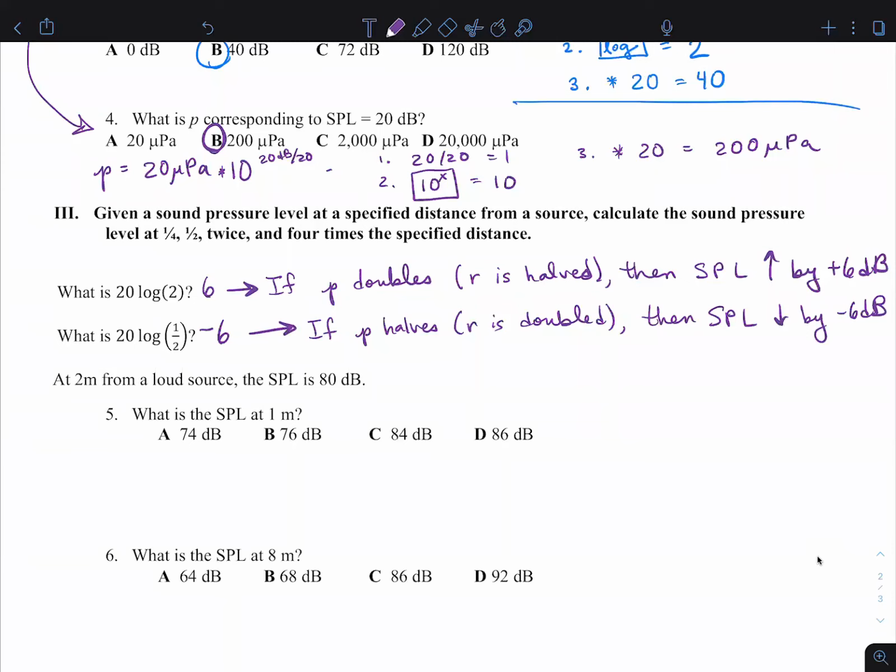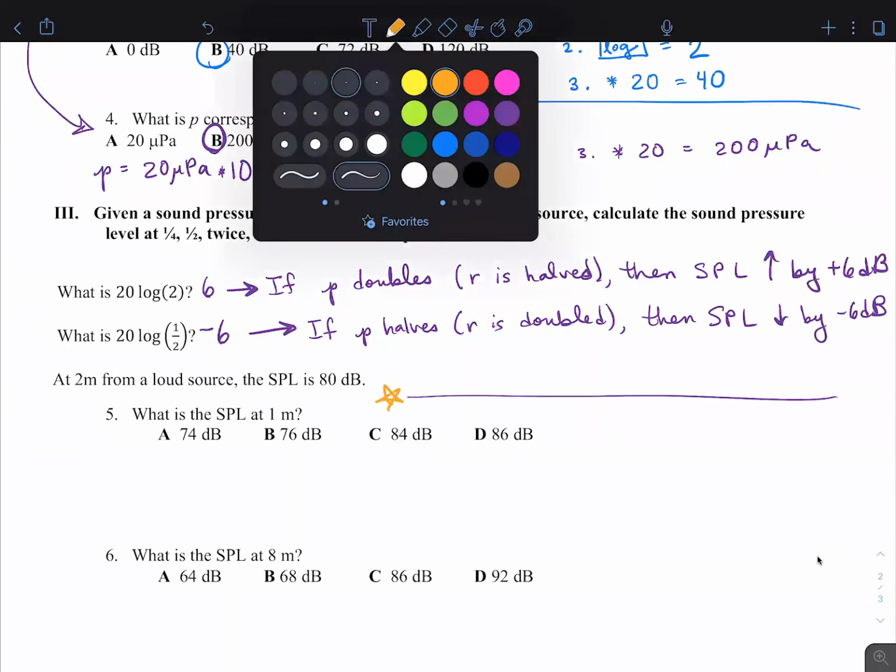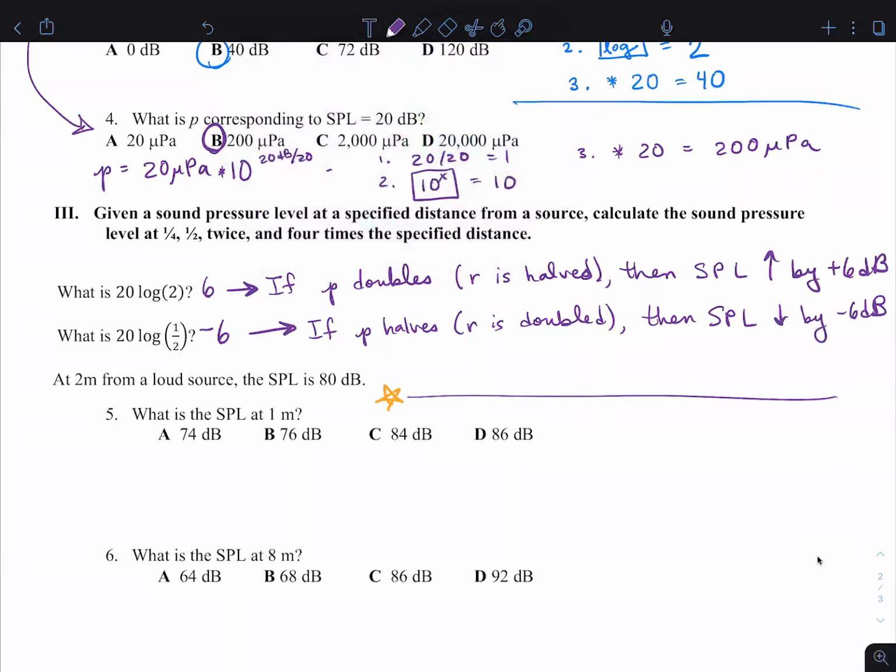So if you are 2 meters from a loud source, here's my loud source. Here is my 2 meter mark. 4 meters, 8 meters, 1 meter. Let me just get some distances on there. Okay, 2 meters from a loud source, sound pressure level is 80 decibels.